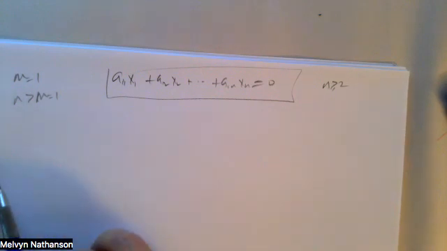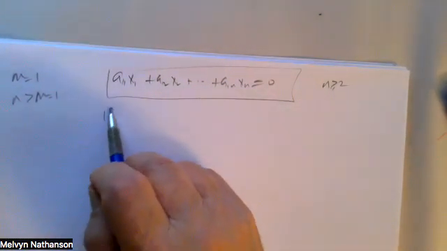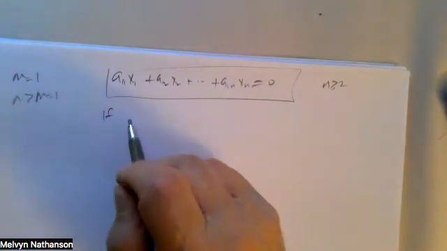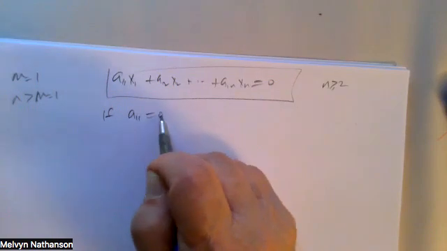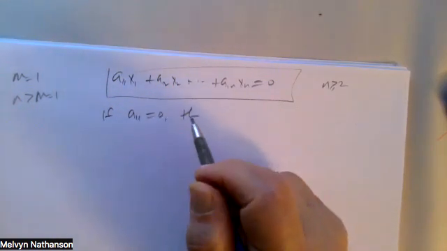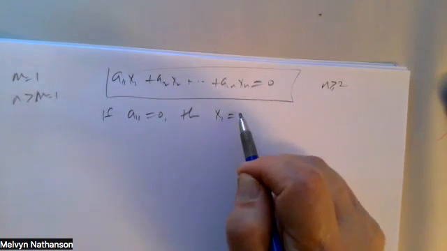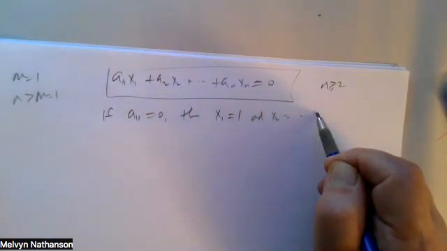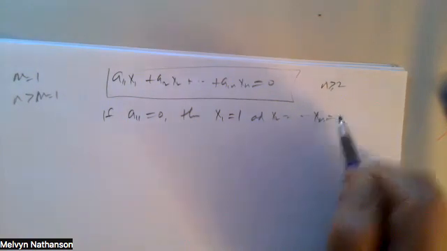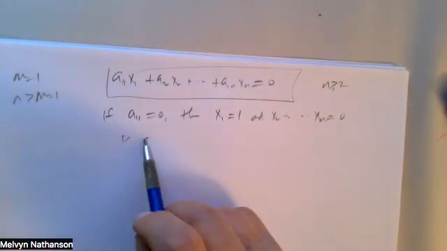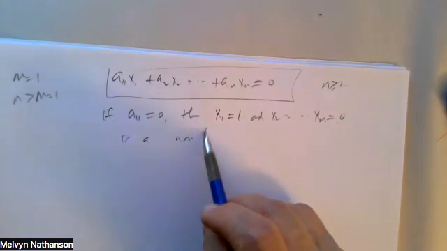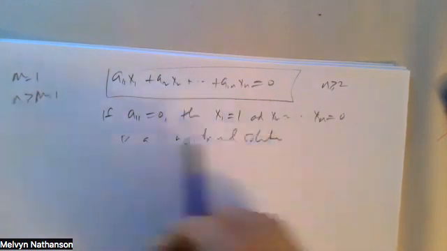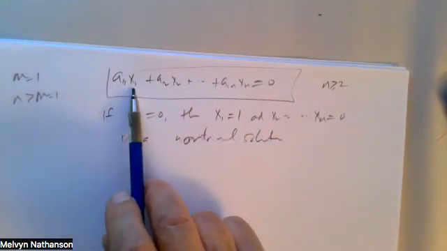Well, if a11 equals 0, then if I let x1 equal 1, and all the other variables equal 0, this is a non-trivial solution. This is 0, so 0 times 1 is 0.